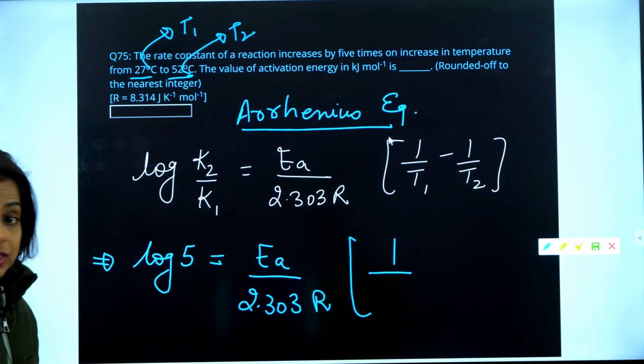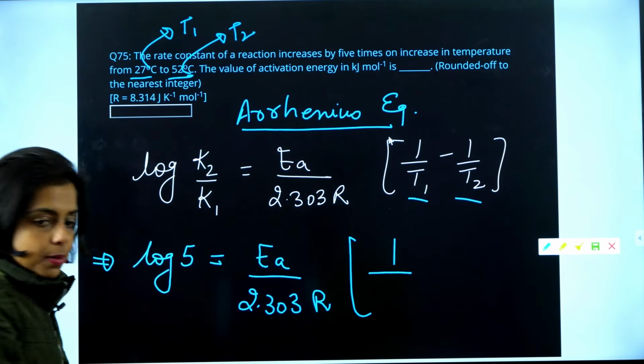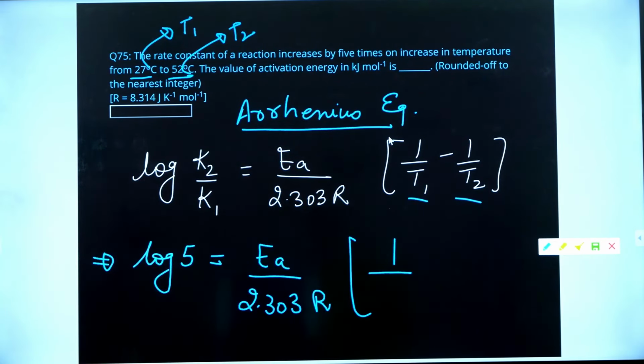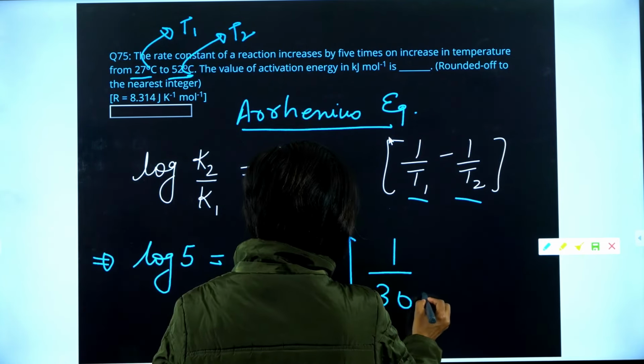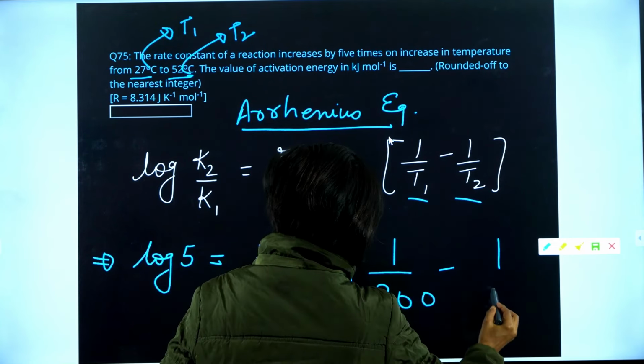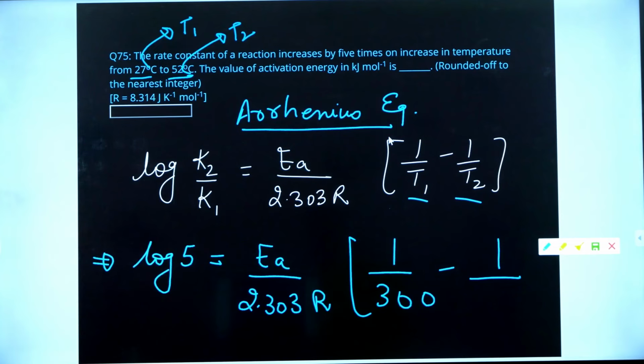Guys, make sure that you put these values in Kelvin. Substitute into the Arrhenius equation and you will get your answer quickly. So 27 degrees Celsius is 300 Kelvin, that is the temperature T1.